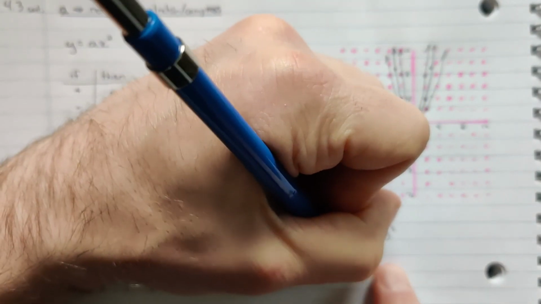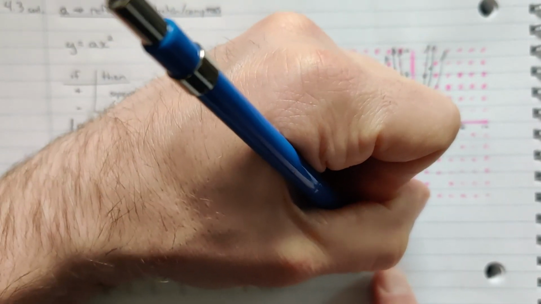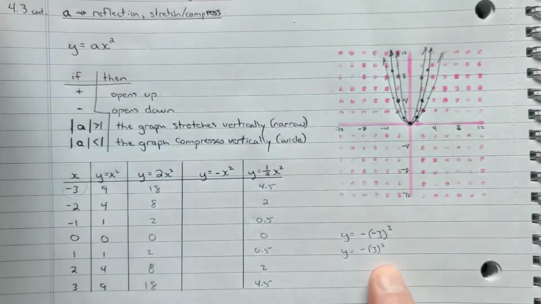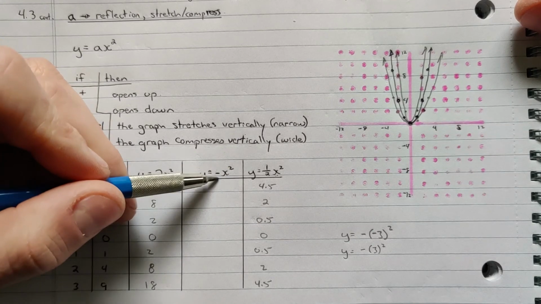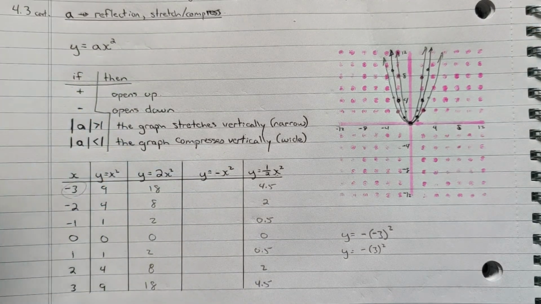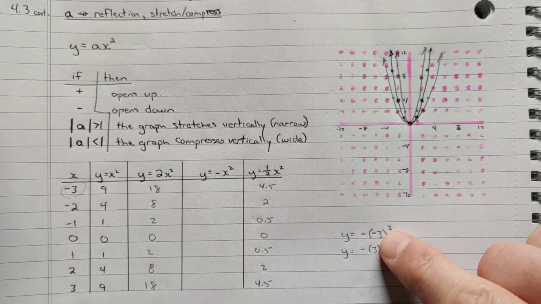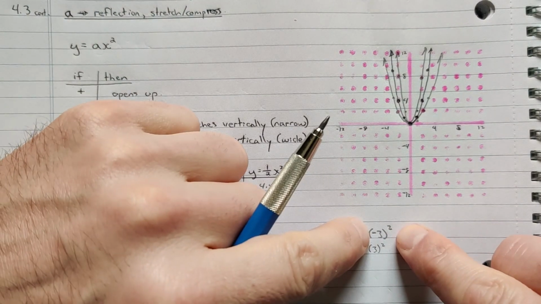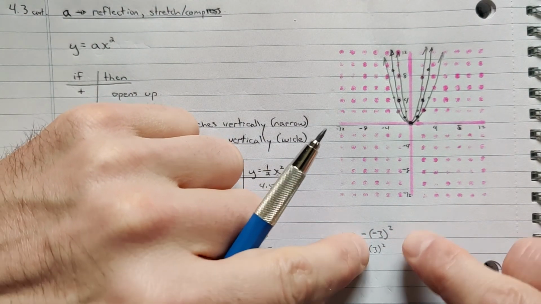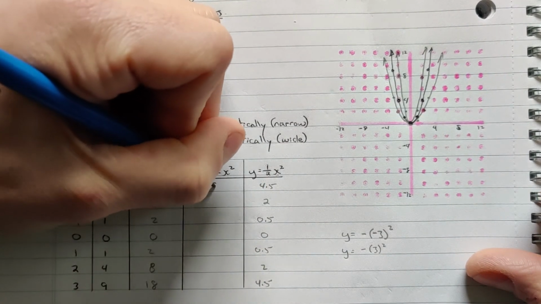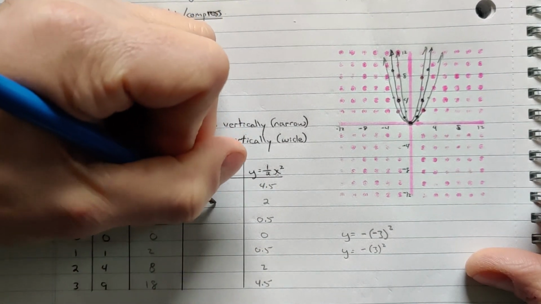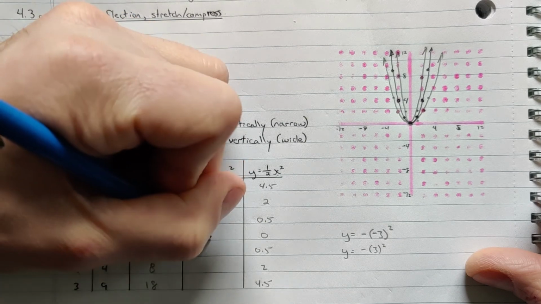So there's the (negative 3), and when we do the positive 3, we make sure we use the brackets. This is why the brackets are important, because that negative sign is not squared. So the answer, negative 3 squared, is 9, but it's negative 9. So this here actually switches all the signs to negatives.